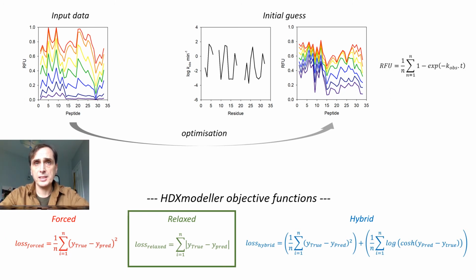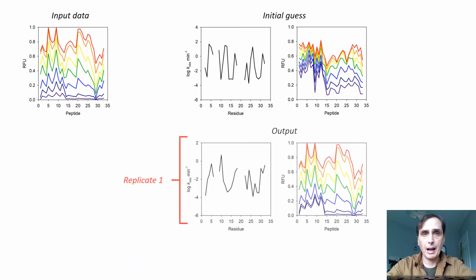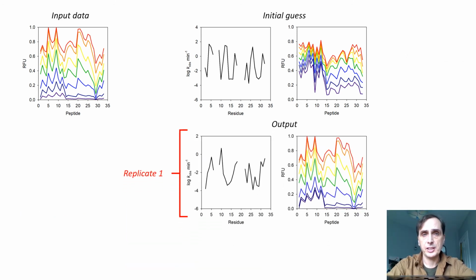And optimization is an iterative process, so it will continue until a certain error threshold has been reached, or after 1,000 iterations. And at that point, HDXmodeller will output the first replicate. So this is replicate 1, and we end up with the optimized exchange rates for each amino acid, and also the optimized macroscopic, so peptide model of your data.